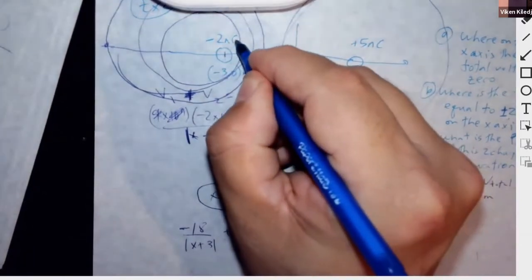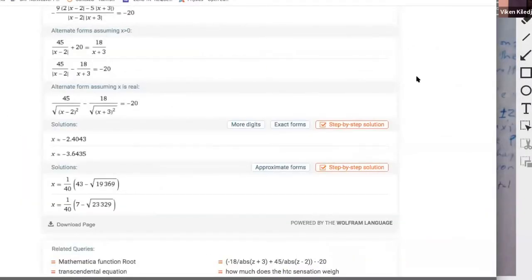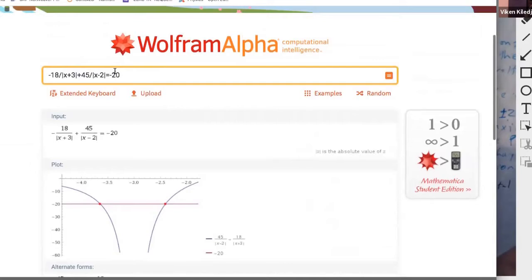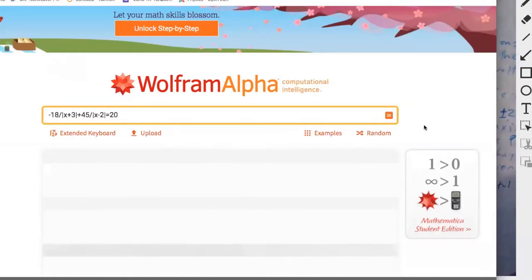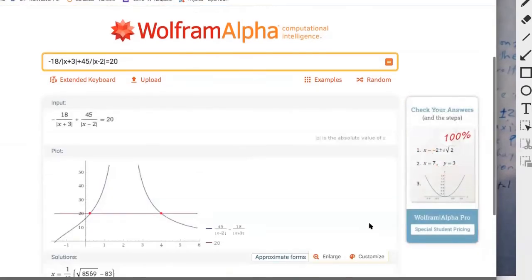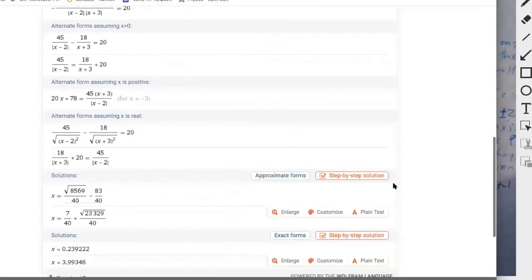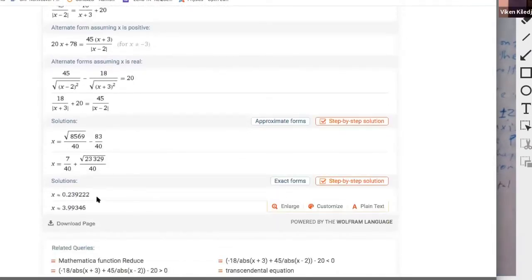Okay, so I didn't realize it's going to be very close. Now the positive 20, we just go back to it. 0.239, so this is for the positive, 0.239, and then 3.99.